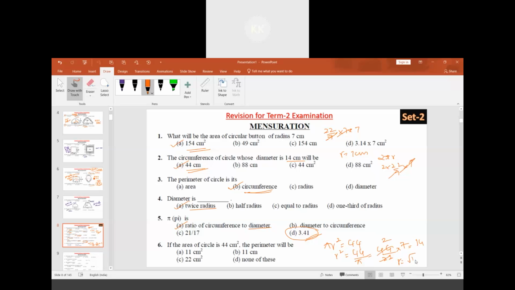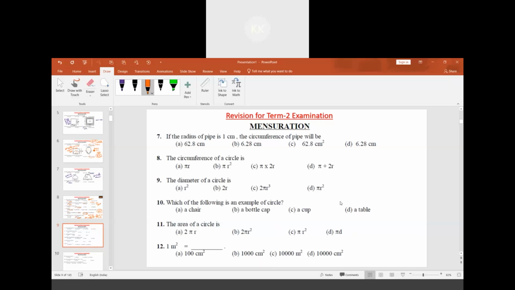R will be root of 14. Its perimeter is 2 pi r, so 2 root 14 pi. So none of this is the answer. Even if you take 3.14, none of this is the answer.